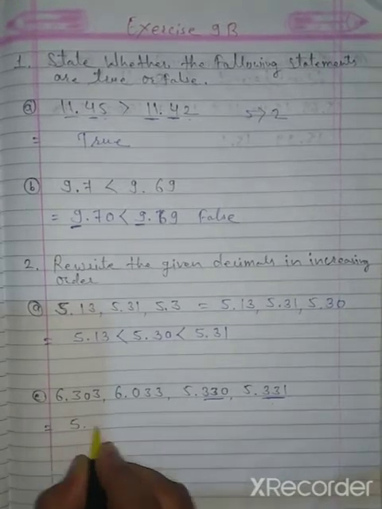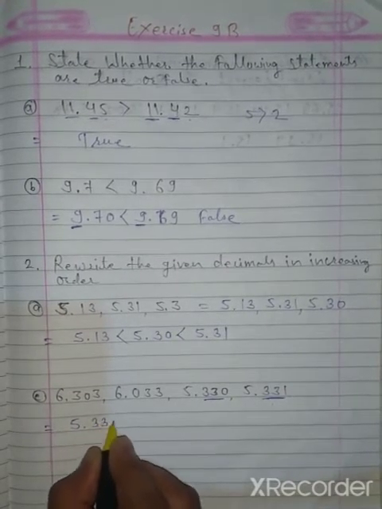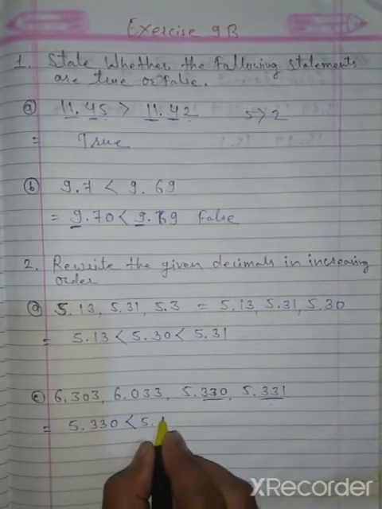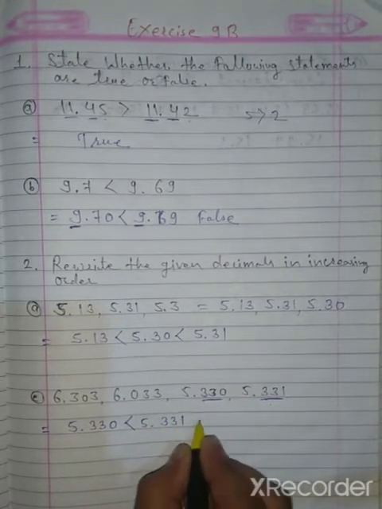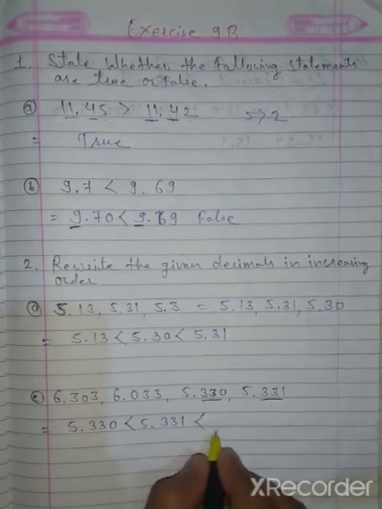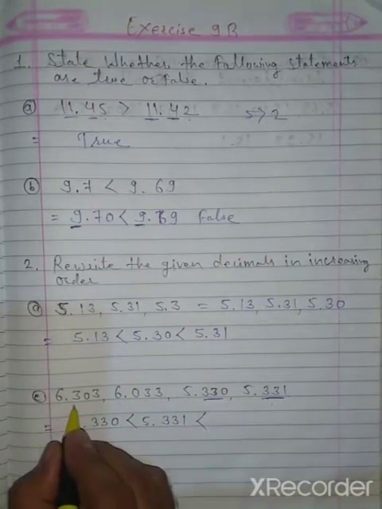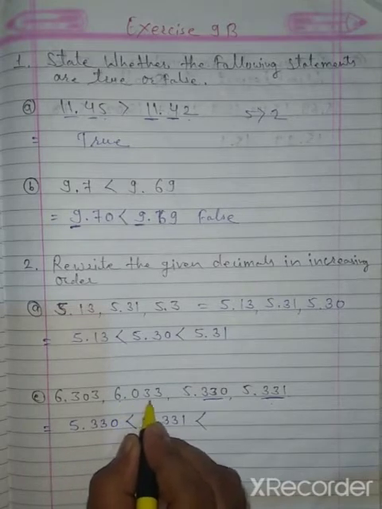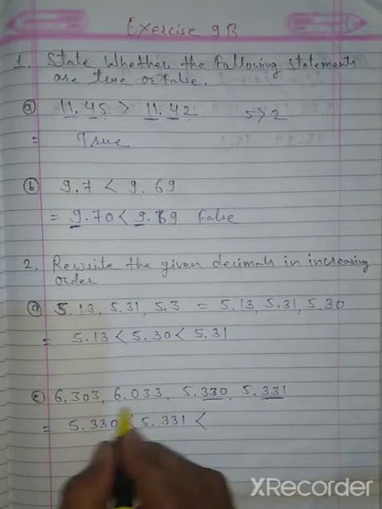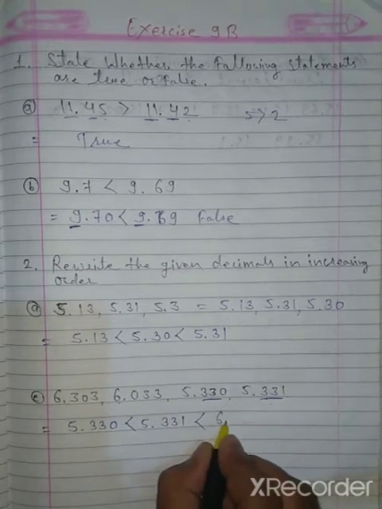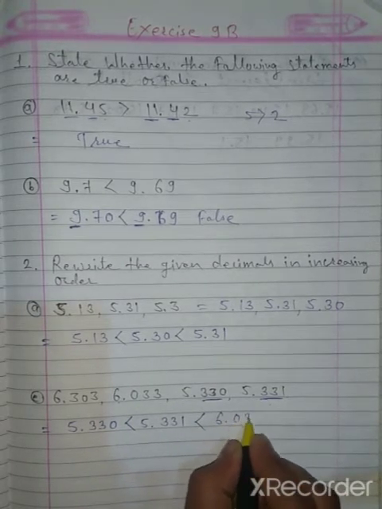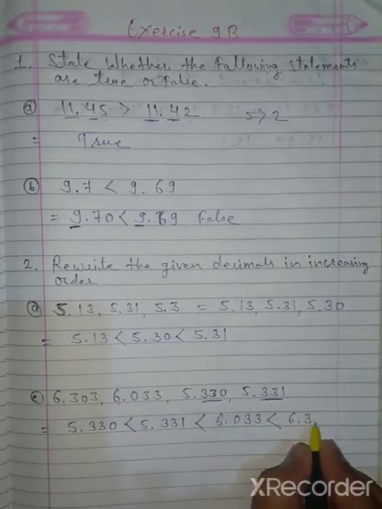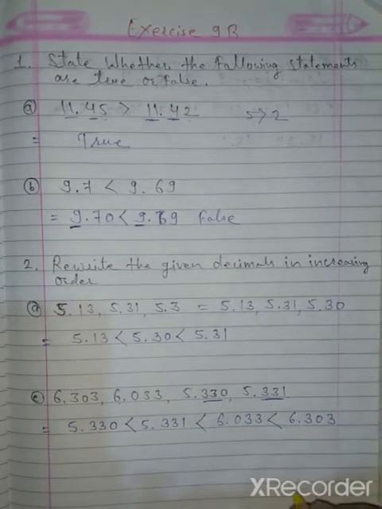So the smallest is 5.330, which is less than 5.331. Now this is less than 6. So between 6.303 and 6.033, 6.033 is smaller. So we'll write 6.033 is less than 6.303.